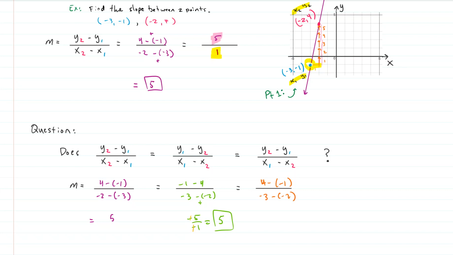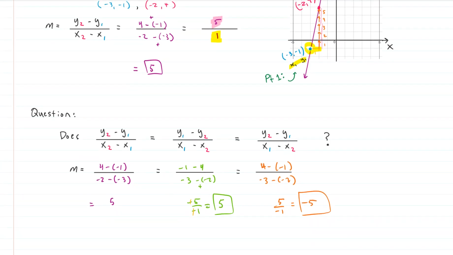This gives us, in the top here, +5. And in the bottom, we get -1, which gives us -5. This is not the same. We get the negative of what we really should get.